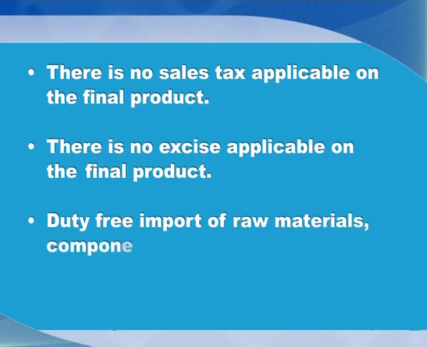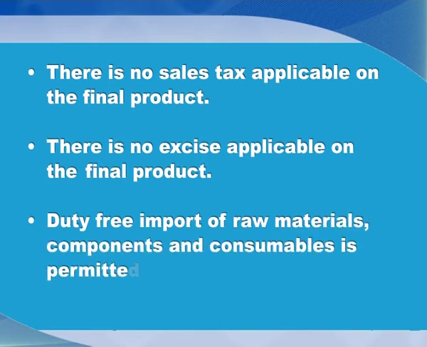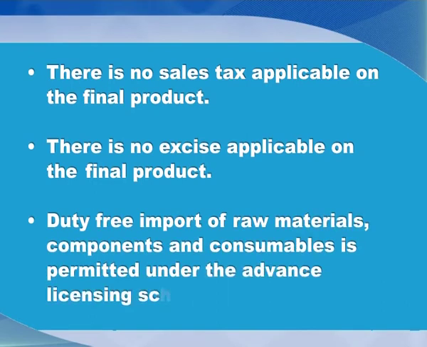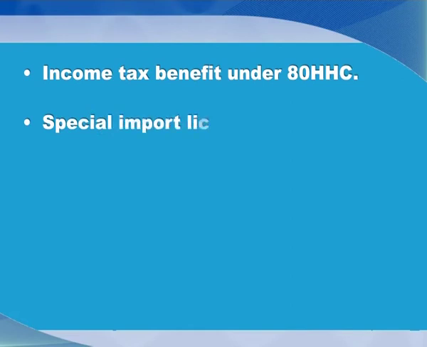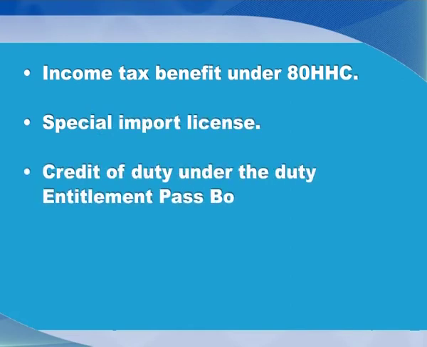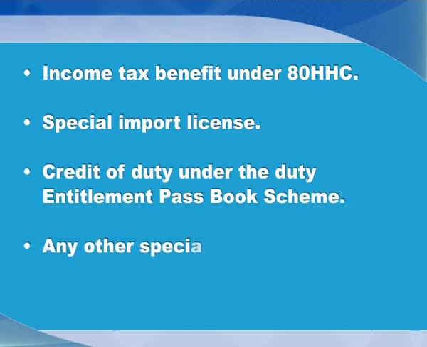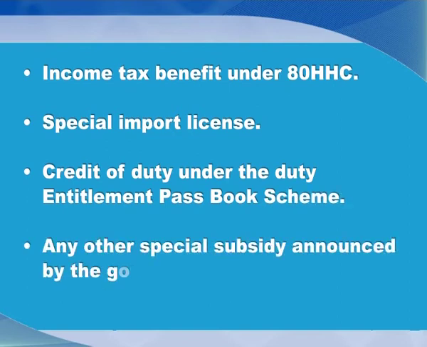Duty-free import of raw material, components and consumables is permitted under the Advance Licensing Scheme. Income tax benefits under 80 HHC. Special import license credit of duty under the Duty Entitlement Pass Book Scheme. Any other special subsidy announced by the government.